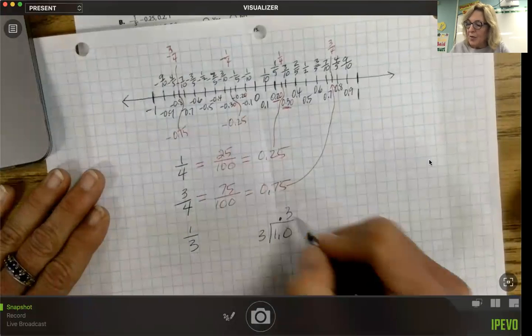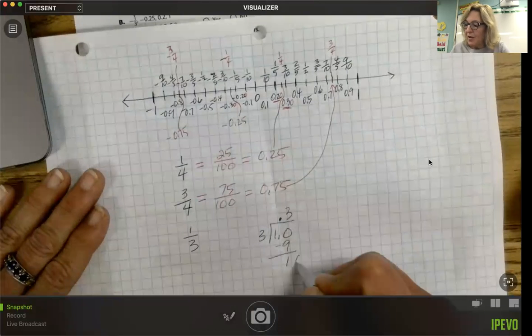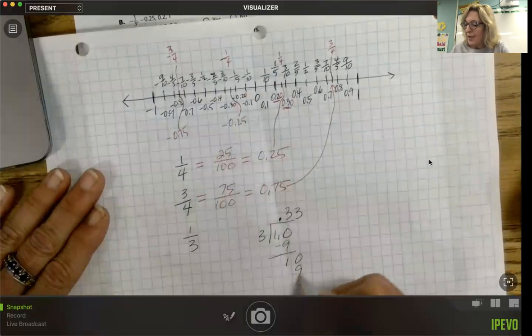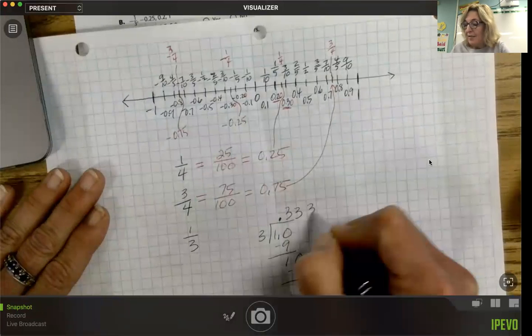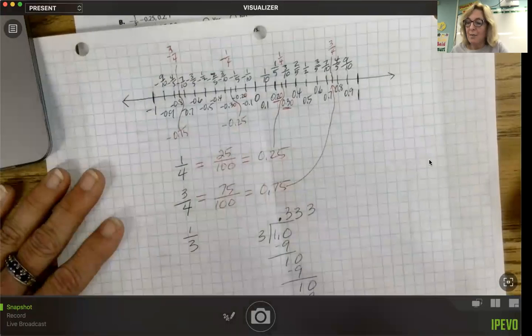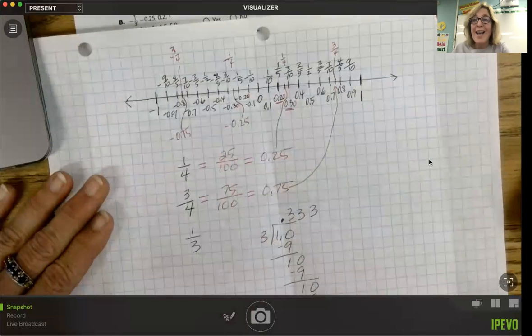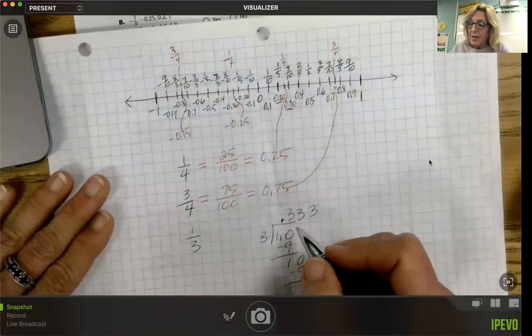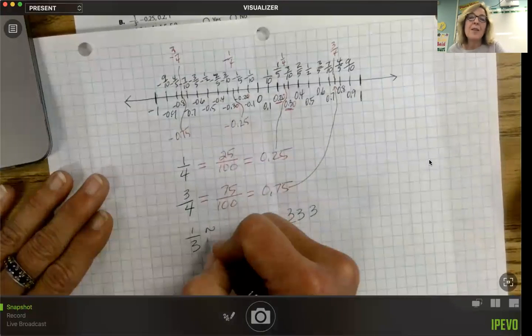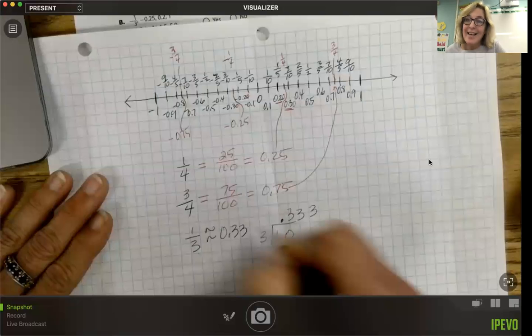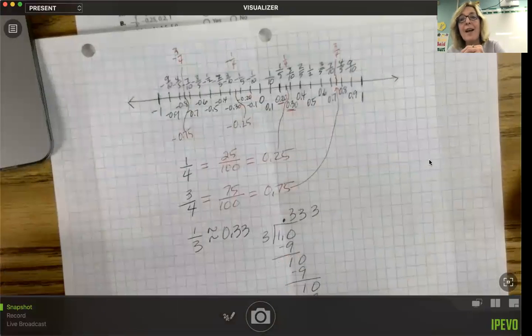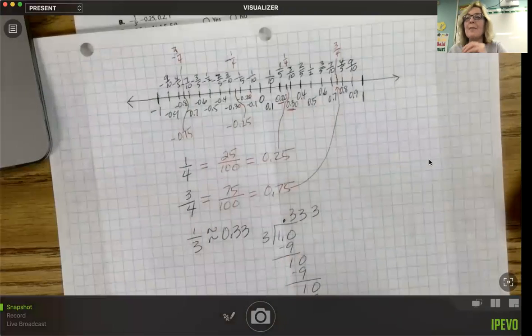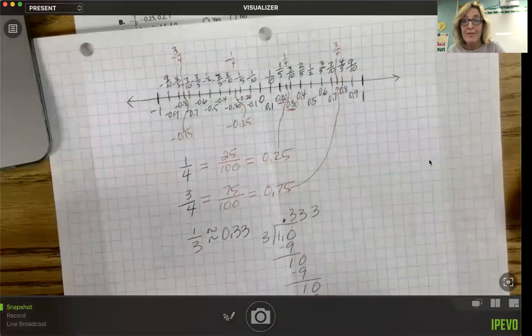And we are going to keep doing the same division over and over in this division problem. This is called a repeating decimal. So we usually say it's around 33/100ths, but it's not exact. 1/3 is an exact fraction, but its decimal equivalent is approximate because it's a rounded value.